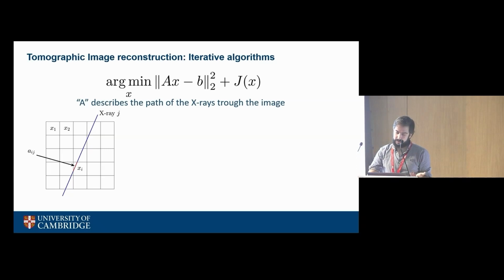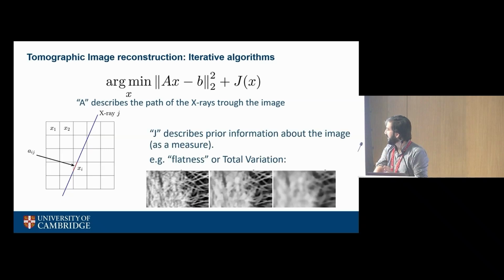But then one of the really good things of iterative algorithms is that you can have more things in that reconstruction, which is that J term, and J describes prior information that you may know about the image, right? For example, you may know that your image is piecewise constant, right? Sometimes you take a reconstruction and it has a lot of pixel noise, but you know that this is just noise, because, say, it's additive manufacturing, so it's one material.